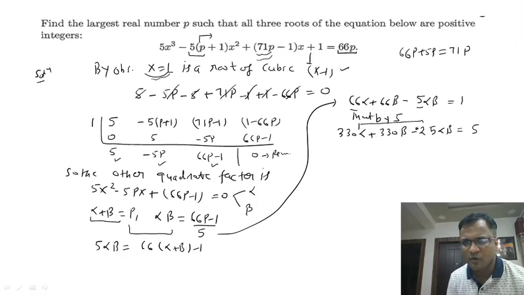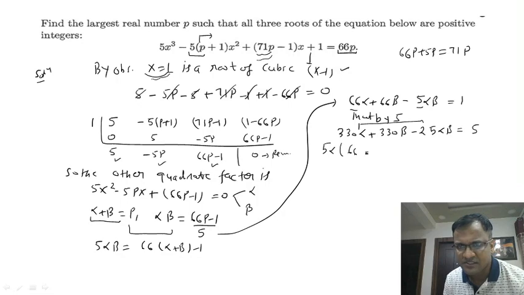If we take common from the first and last terms on the LHS, 5 alpha is common, then we can write 66 minus 5 beta.